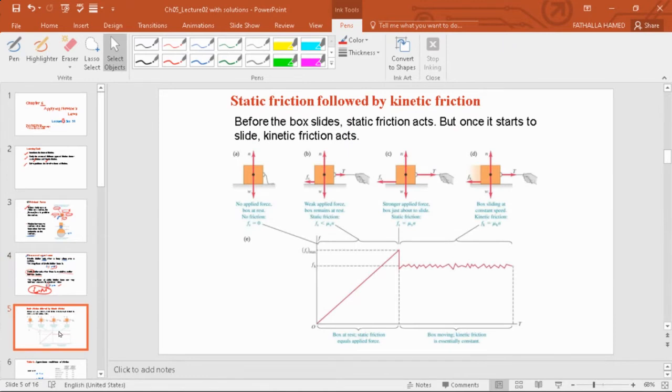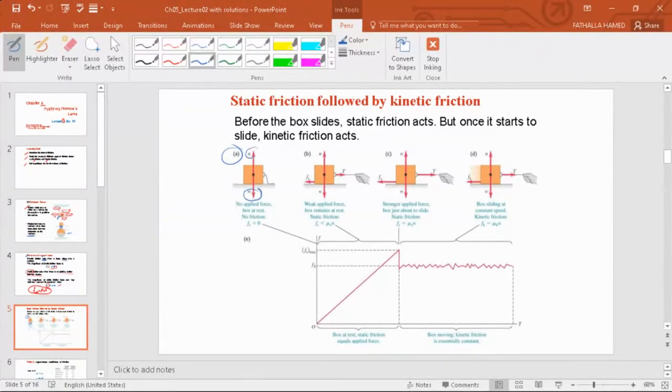Let's illustrate that with some examples here. Now what you have here is a box and you want to slide this box. So in the first case, which is case A, if you do your free body diagram, from the center of the mass, you have the weight pointing toward the surface of the earth.